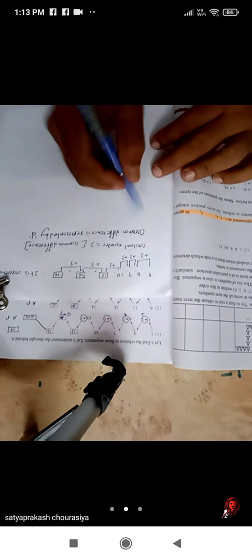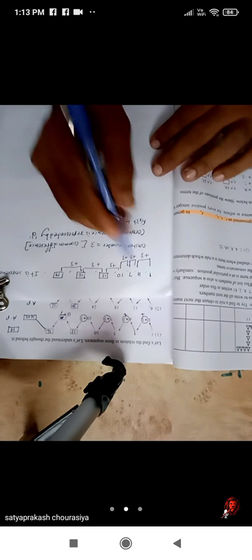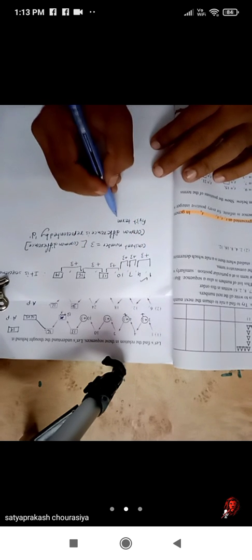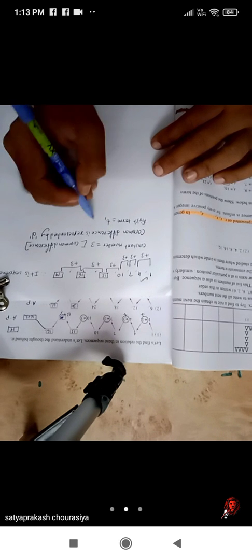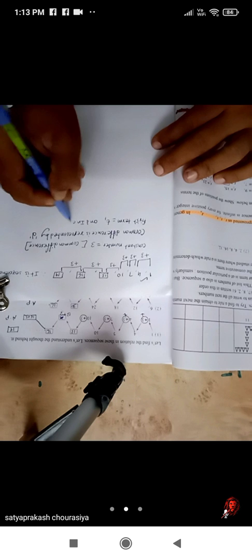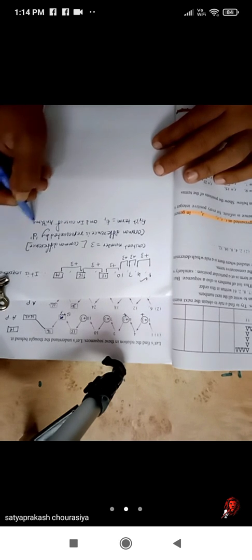Okay. Now see the first term. The first number of the list is called the first term, and the first term is represented by t1. And in case of arithmetic progression, the first term is also represented by small letter a.